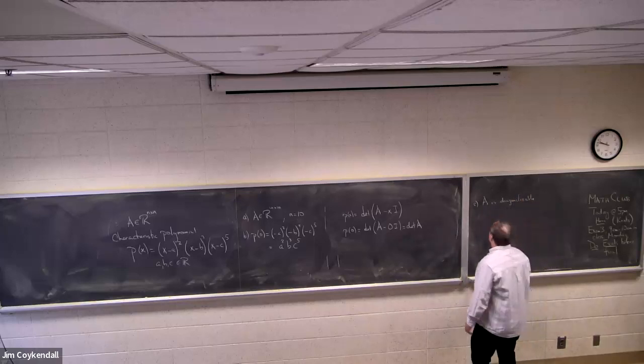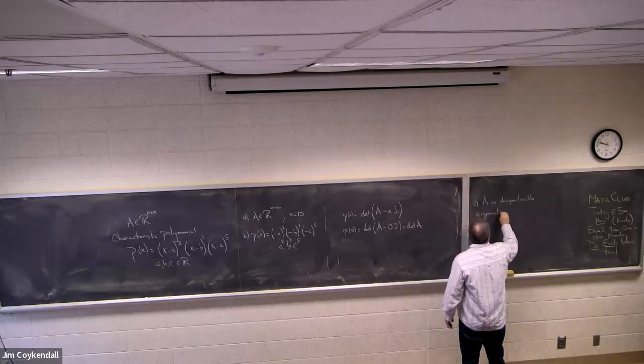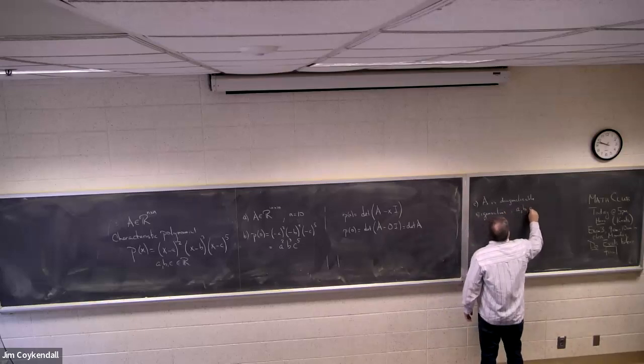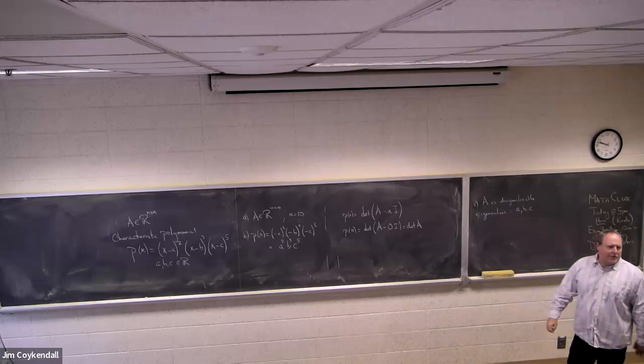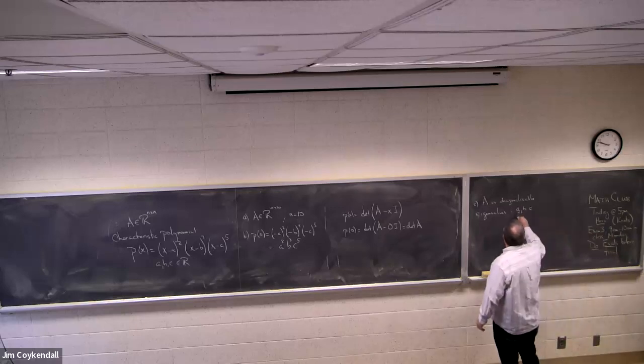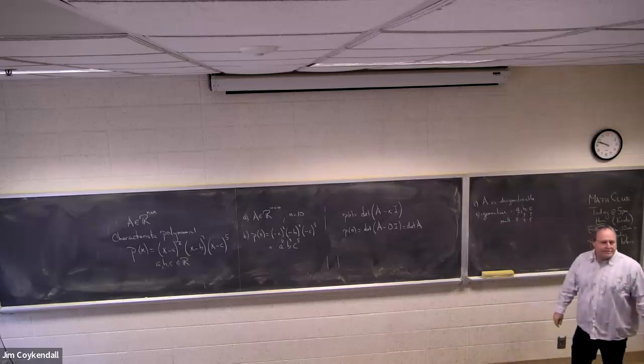For the eigenvalues, the roots of the characteristic polynomial, A, B, and C. Everybody okay with this? Has multiplicity 2, 3, and 5. Right.